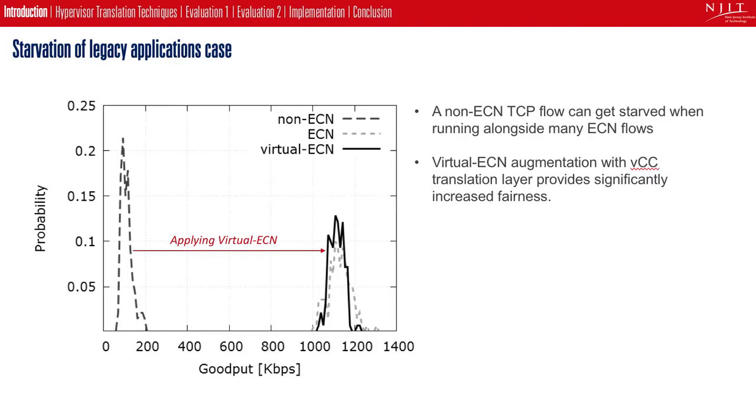From the figure, we can see that the non-ECN flow is starved, reaching only 10% of the ECN output on average. But after translation to virtual ECN, the average output is nearly identical to that of the ECN flows.